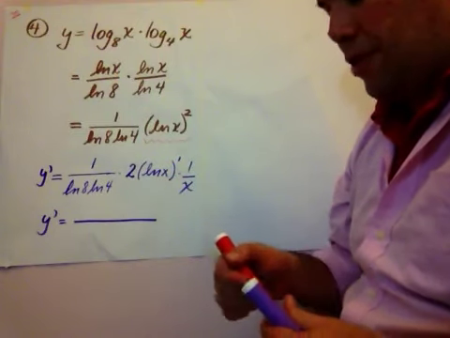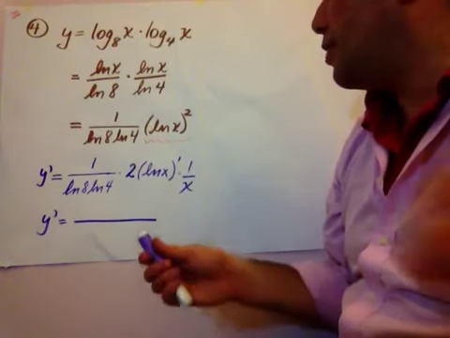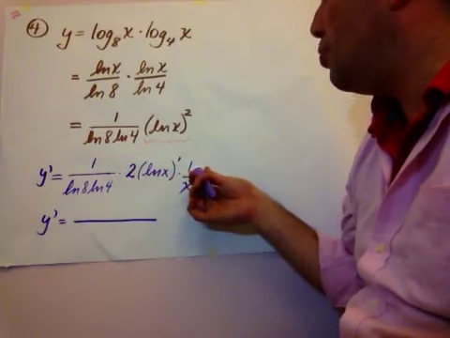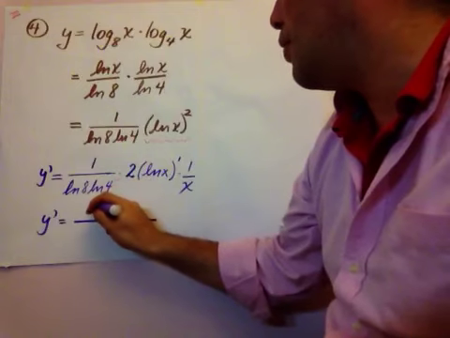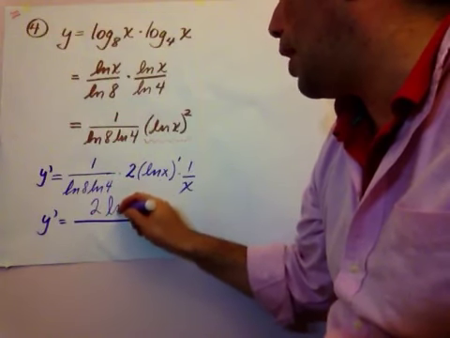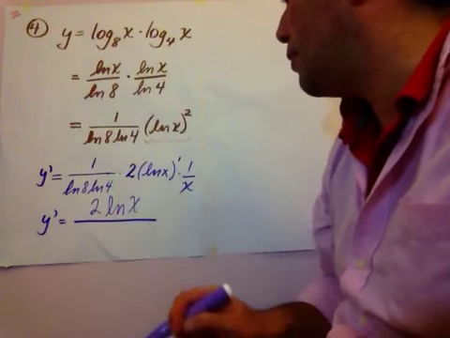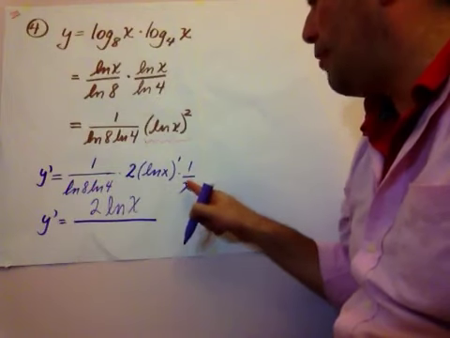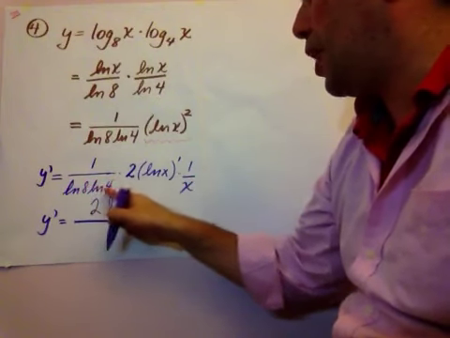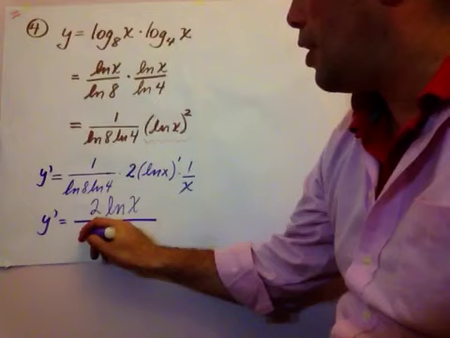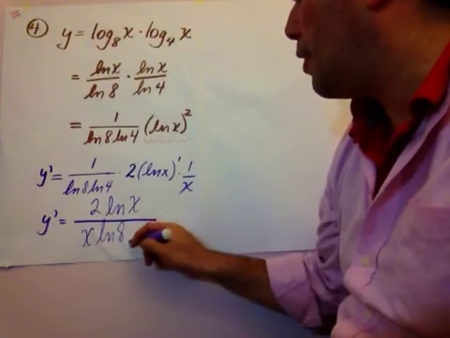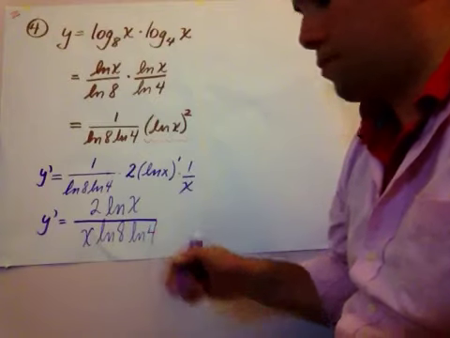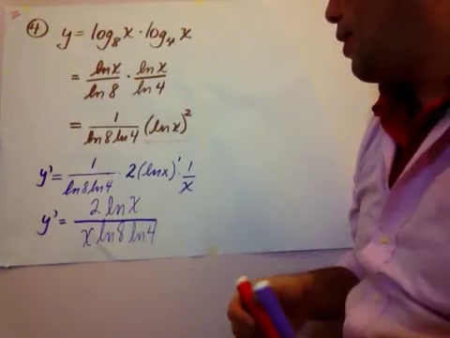And then we just need to rewrite the whole thing simplified. What's in the numerator? The 2 and the ln of x. So we have 2 ln of x. And in the denominator we have x and these two natural logarithms: x ln of 8 ln of 4. That's our answer.